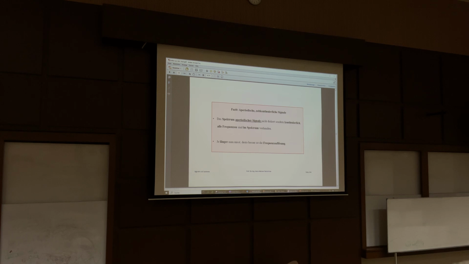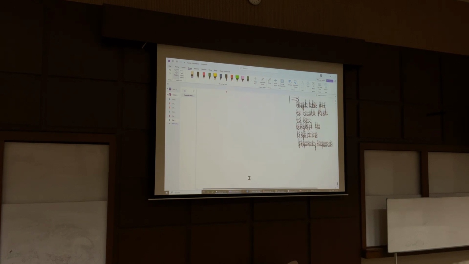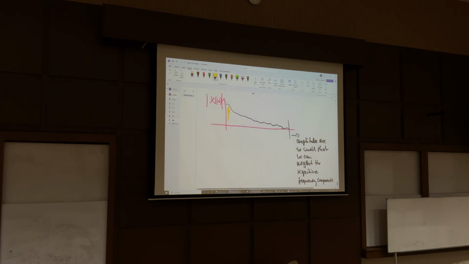And the reason for that is very simple, because any amplitude in the frequency contains in the end the energy of the signal. Now, if you make an integral over that, this is the signal energy content.